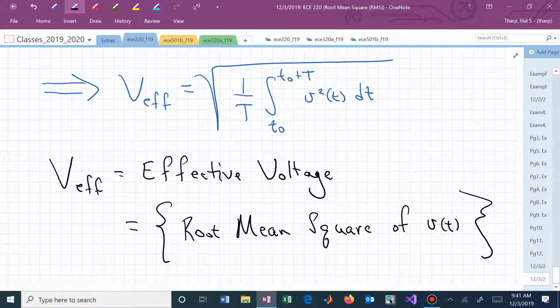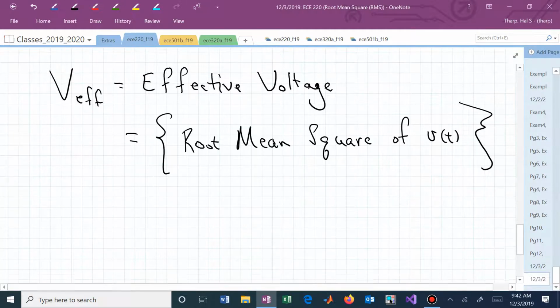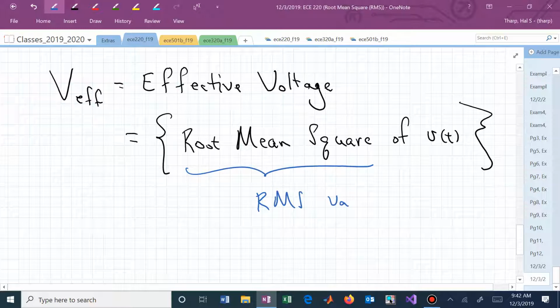When somebody says find the RMS value, I like to work from the right side and go back, which makes it cleaner. We first square the periodic waveform, then we find its mean, and then we take the square root. That's the RMS.